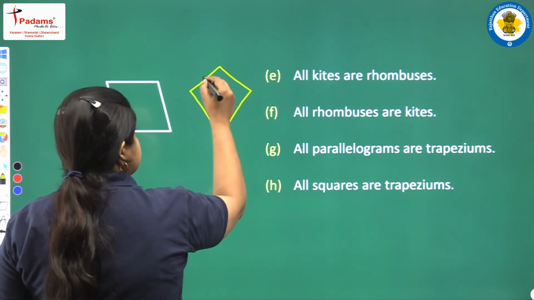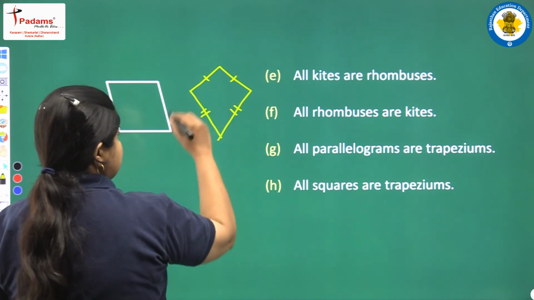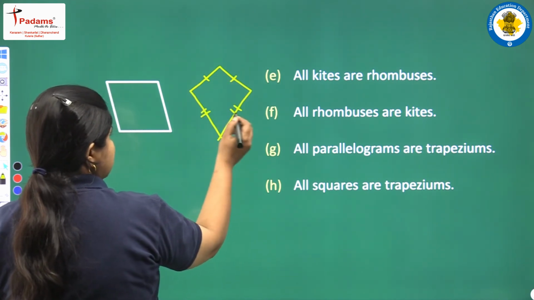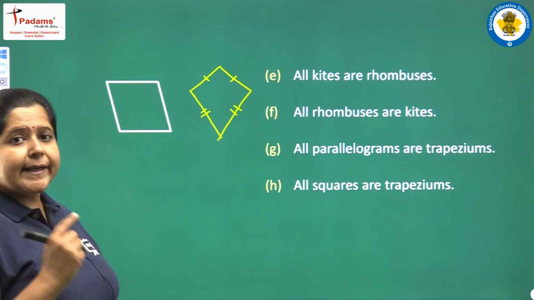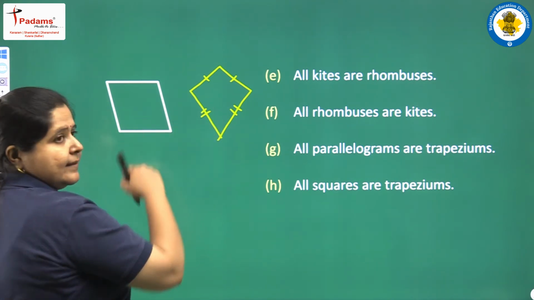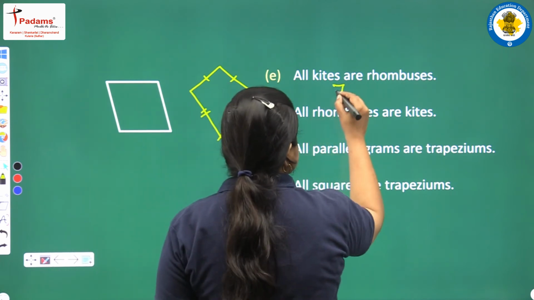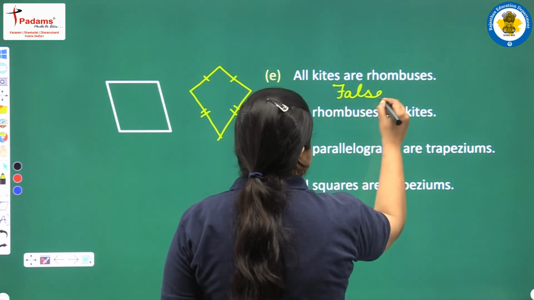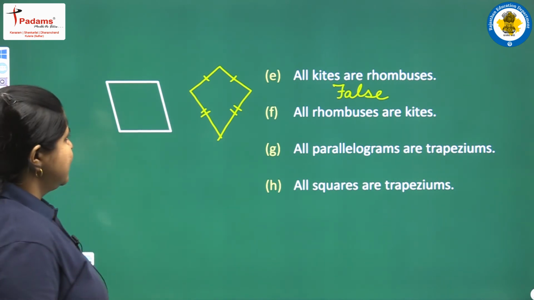Clearly not. You can see in a kite only two pairs of consecutive sides are equal. These two sides are equal and these two sides are equal, whereas in a rhombus all the four sides are equal. So, a kite cannot be said to be a rhombus. So, this is a false statement. All kites are not rhombuses.